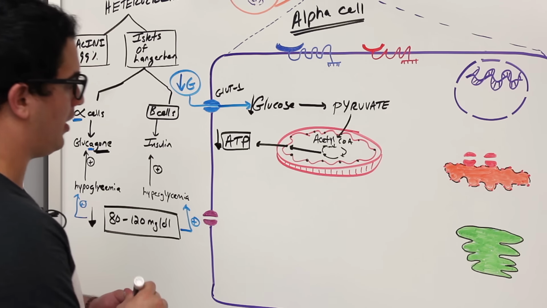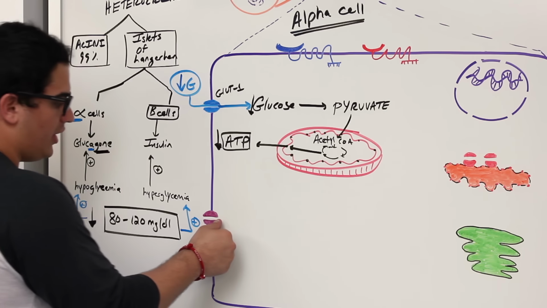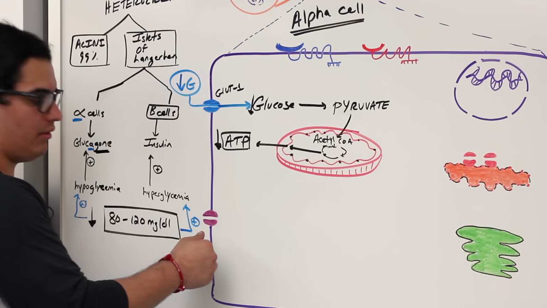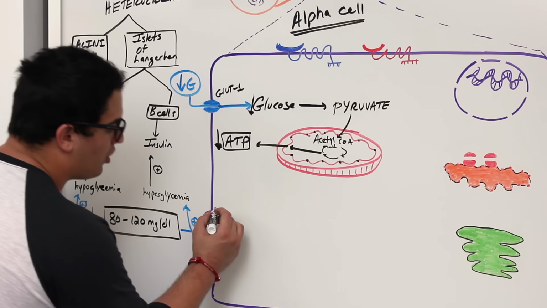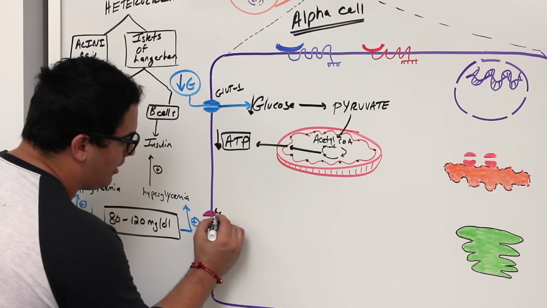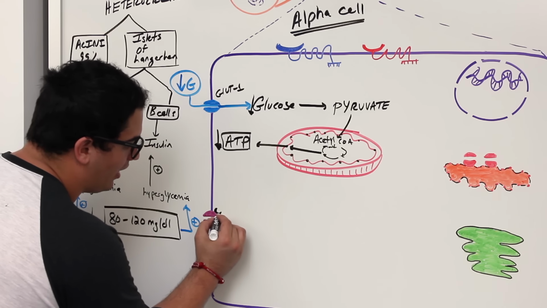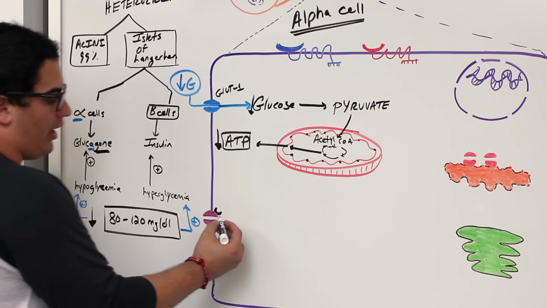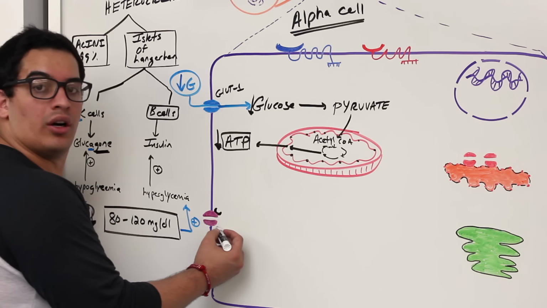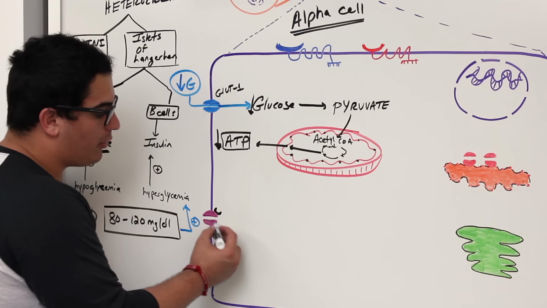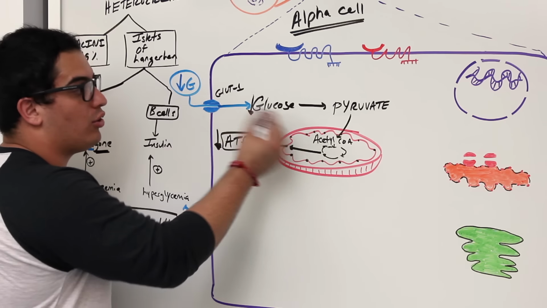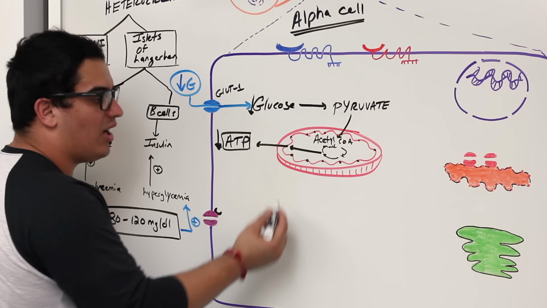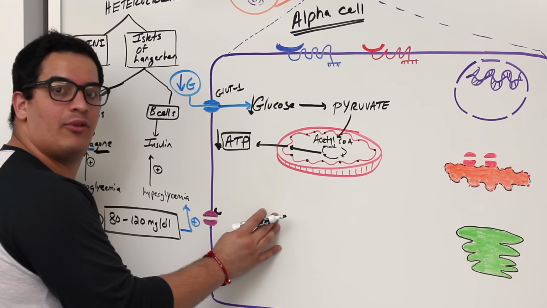But here's where it's a little funky. You see these channels here on the membrane? They're sensitive to ATP. When there are very small amounts of ATP, these channels are not going to respond to a lot of charged particles. When there's a lot of glucose coming into the cell, a lot of potassium ions accumulate, if you remember.